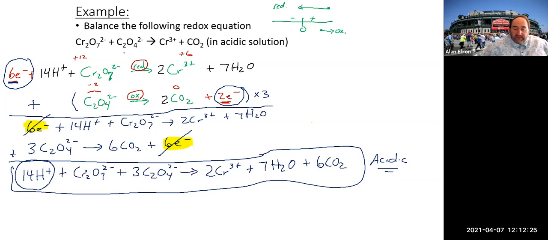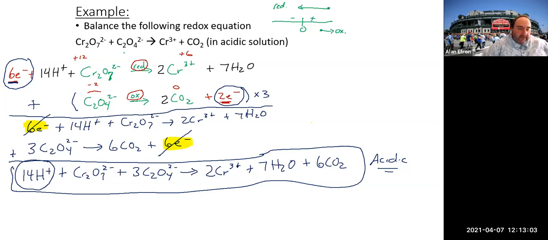We could double check to make sure we did okay on balancing. 14 H's on the left, 14 on the right. I've got 7 oxygens here and 12 more, which is 19, and 19 on the right. 6 carbons, and 2 Cr, 2 Cr. The grand total of charge is -2 and -6, which is -8, plus 14, that is +6, and +6 on the right-hand side.